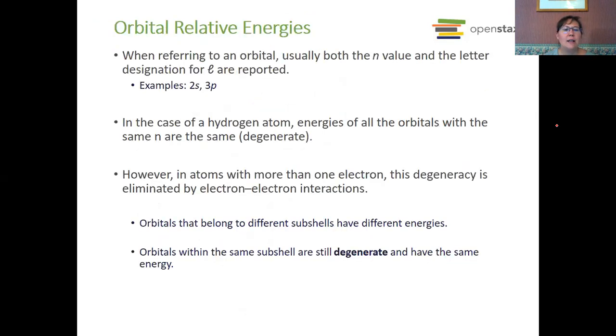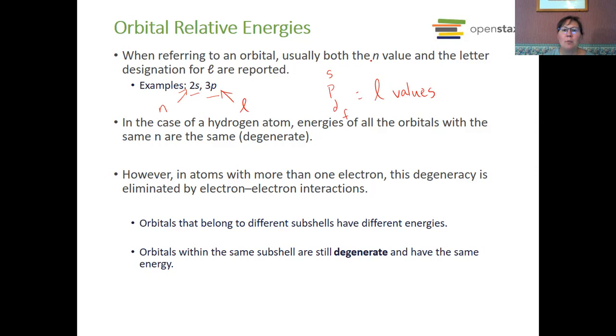Right, now let's take a look. We have orbital relative energies. Okay, well, what does that mean? Well, let's say we're looking at 2s or 3p. So remember, s, p, d, and f are our L values. In order to tell them apart, we always identify our n, our principal quantum number, and our L value as a letter.